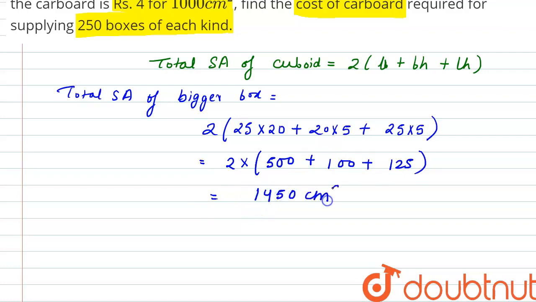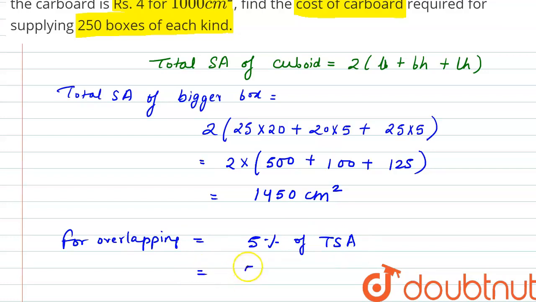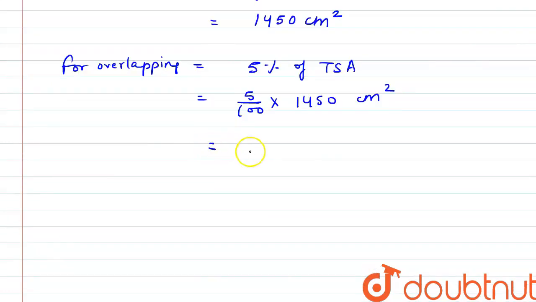1450 centimeter square. It is given that for overlapping, 5% of total surface area is required. So it comes out to be 5 by 100 multiplied by 1450 in centimeter square. So for overlapping, the value comes out to be 72.5 centimeter square.